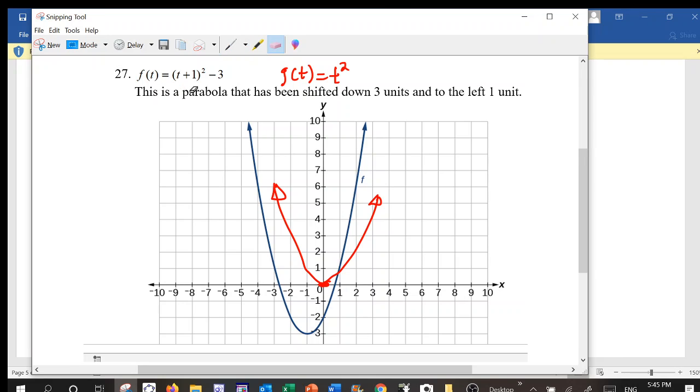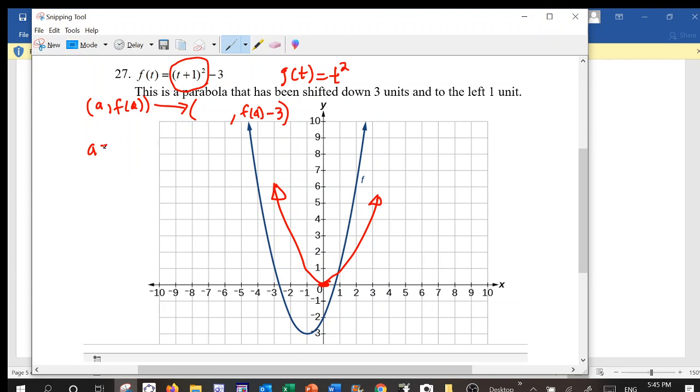So if we take this 0, 0 point, where does it go? Well, again, we know if we have a point a and f of a, where does it go? Well, think of this as our old y, t squared. What happens to it? Well, you don't multiply by anything, just minus 3. So it would be f of a minus 3. And what happens to the t input?